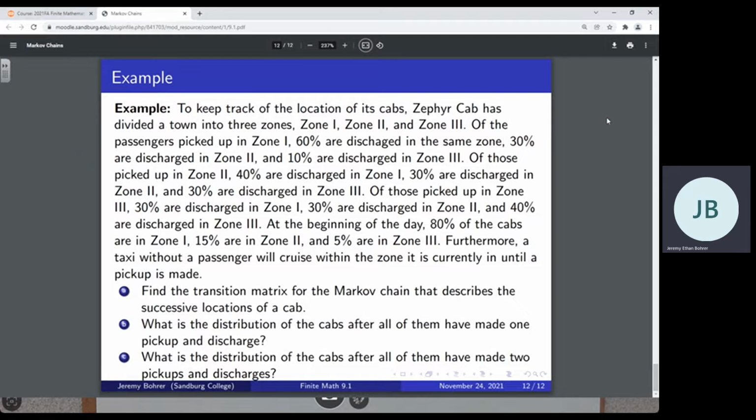Our last question asks us, what is the distribution of the cabs after all of them have made 2 pickups and discharges?